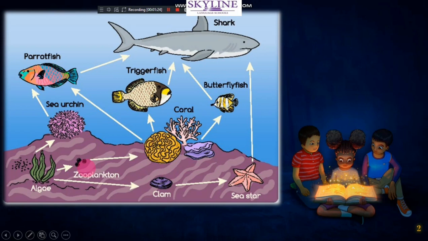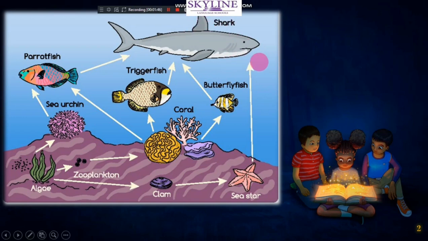Okay? But the algae can float on the surface of the coral. Then we have different types of fish that feed on coral: parrotfish, tigerfish, butterfly fish, all of them feed on coral.